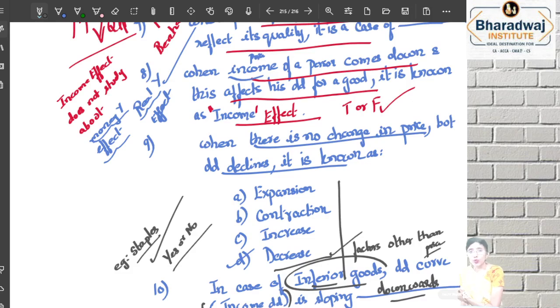Yes or no? Sure? And the daily consumable, day-to-day household products are considered inferior goods.